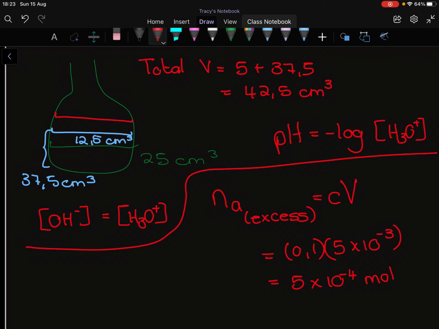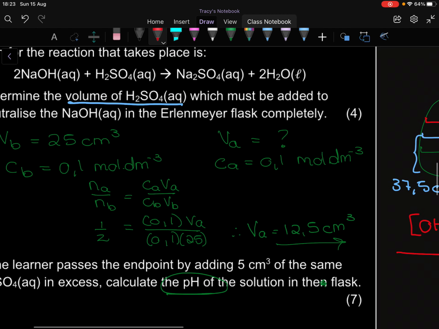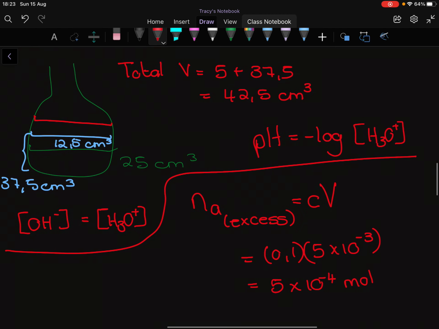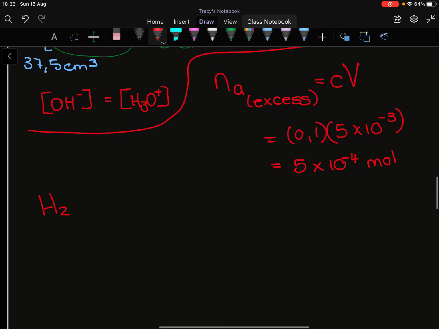But I need the concentration. We're working with, let's see what we're working with, H2SO4, okay? But that actually is important, okay? That is important because when H2SO4 breaks up, we get 2 H plus ions and 1 SO4 minus ion.